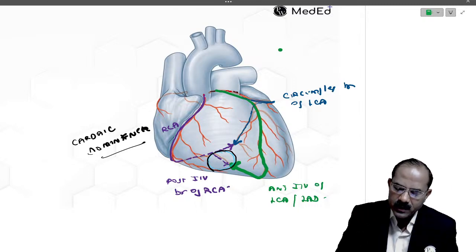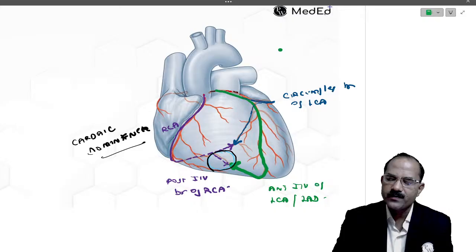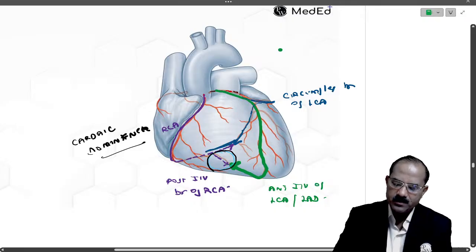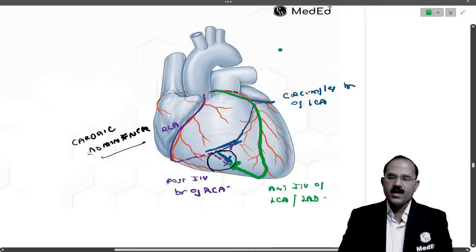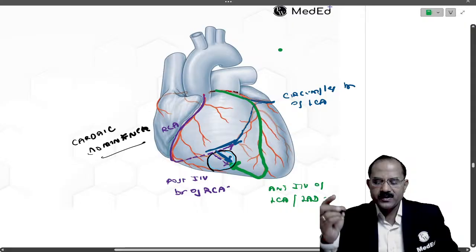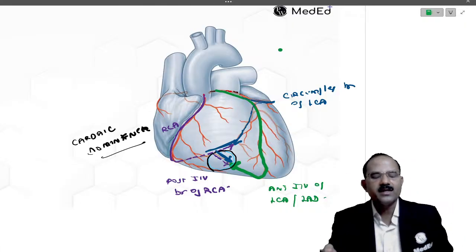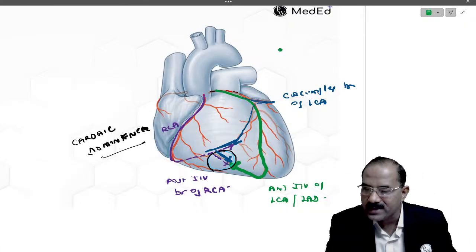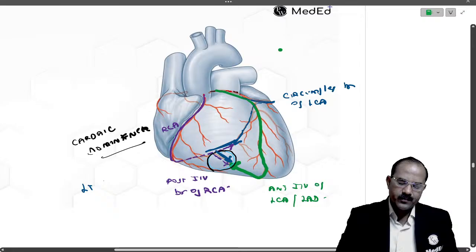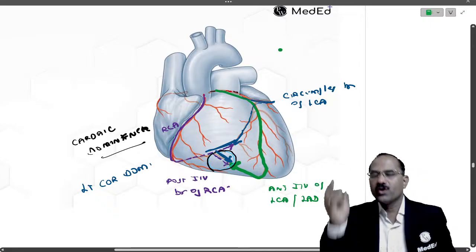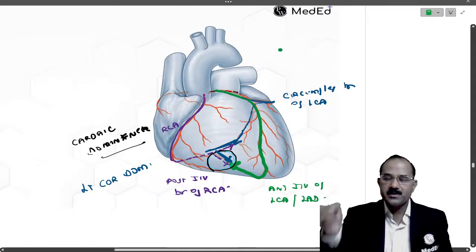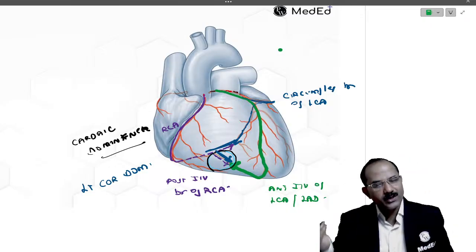If the posterior interventricular artery is a branch of the circumflex, if the circumflex comes here and gives this branch, this is what we call the left coronary dominance.